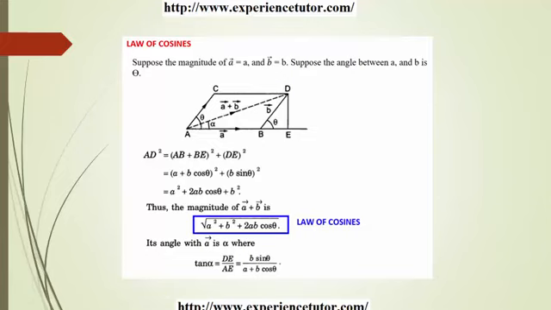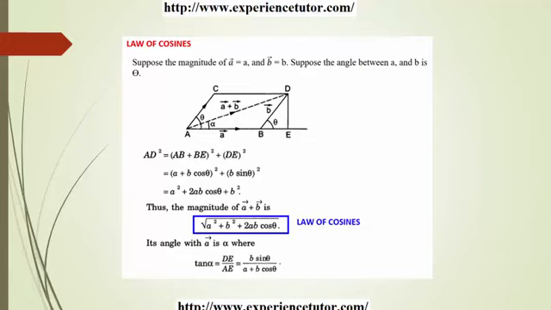Instead of AB, we can write A. Instead of BE, we can write component of B, that is B cos theta. And instead of DE, we can write B sin theta. Therefore, now the equation becomes A plus B cos theta whole square plus B sin theta square.